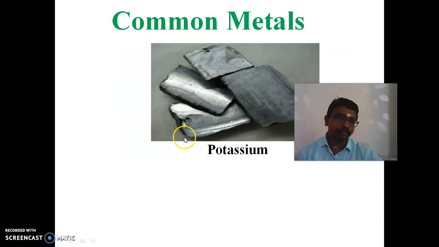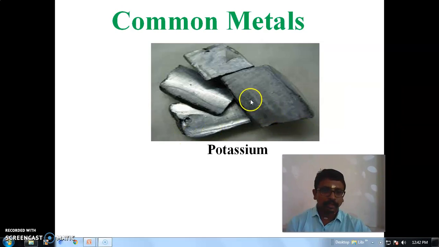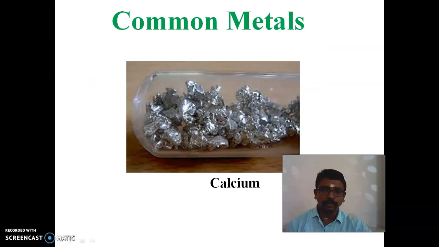And potassium. What is the symbol for potassium? K. Potassium has the lustrous property and is very hard. And calcium. Calcium is Ca. Lustrous, shining, and very hard.